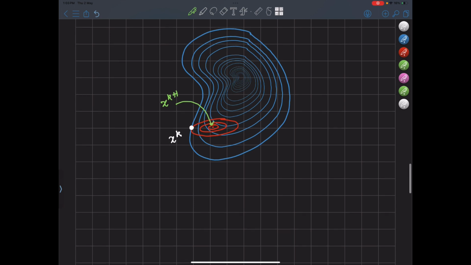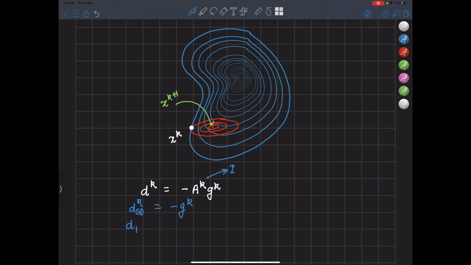Let's also look at it in one more way. We saw earlier that the descent direction can be anything from minus Ak gk. In steepest descent, this Ak is I, so the descent direction becomes minus gk.